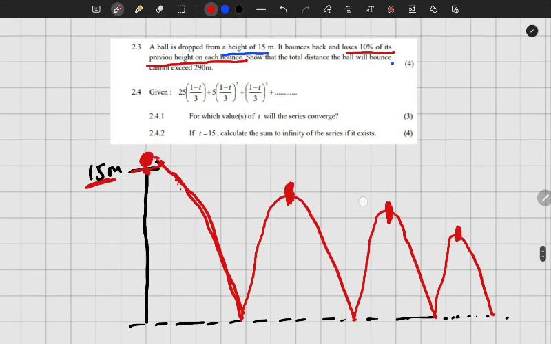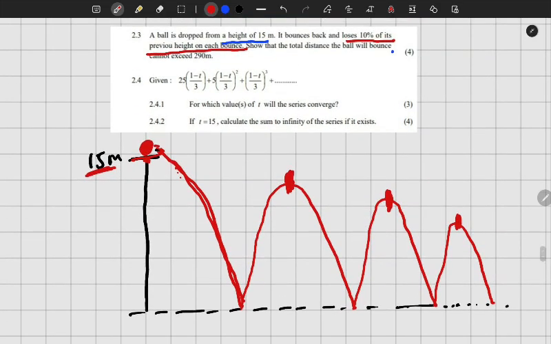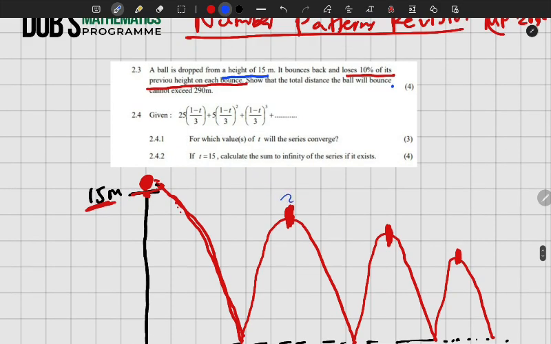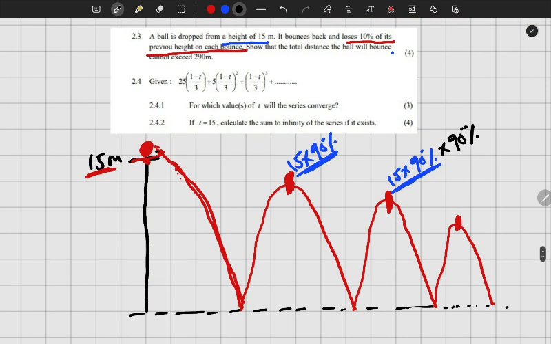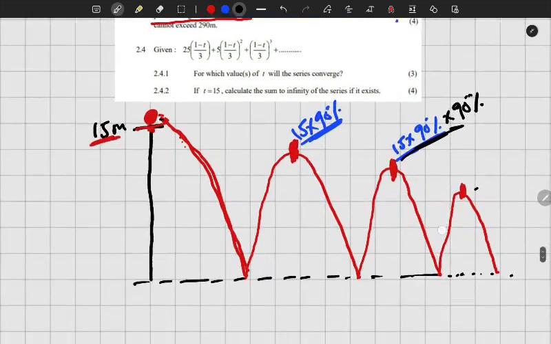So if we write it down, this one would be 15 times 90%, which is the same as 9 over 10. This is the previous height, but it's going to be 90% of that previous height. The same here, 90% of this height. But 90% is the same as saying 9 over 10.